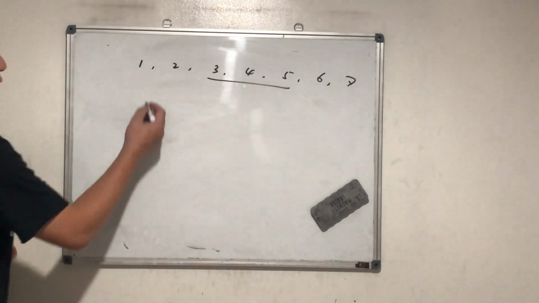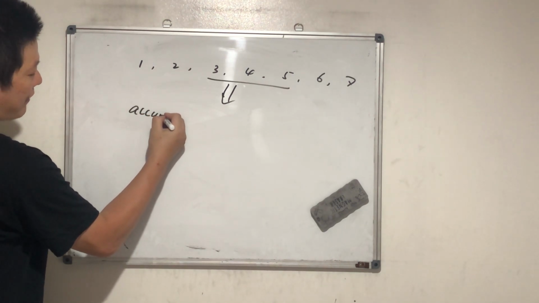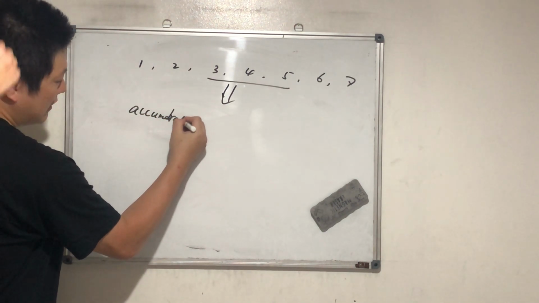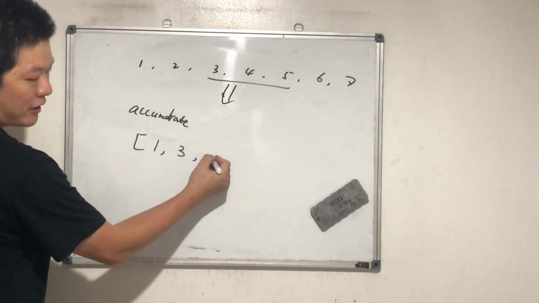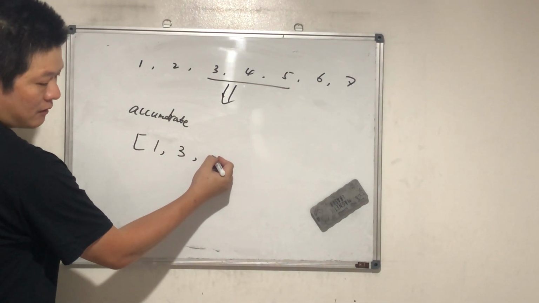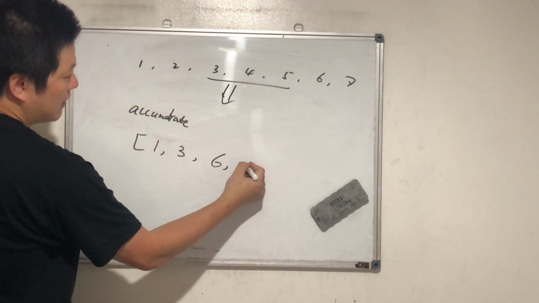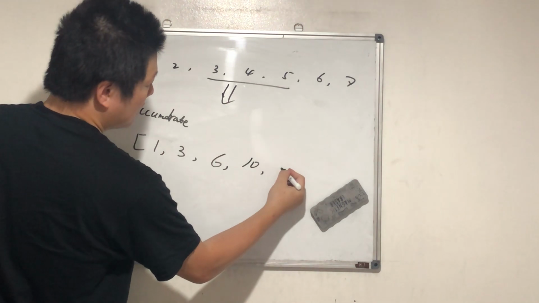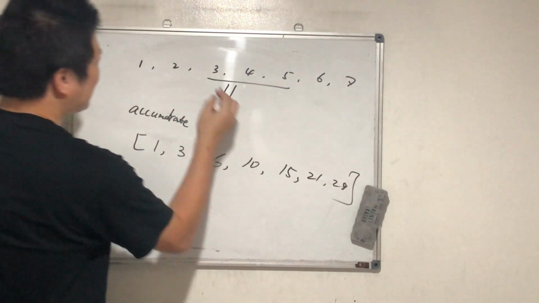Yeah, that's prefix sum. We calculate this with the accumulate function. Remember the accumulate function, and then that will give us what? 1, 3, 6, 10, 15, 21, 28. So what's the sum of this bit?